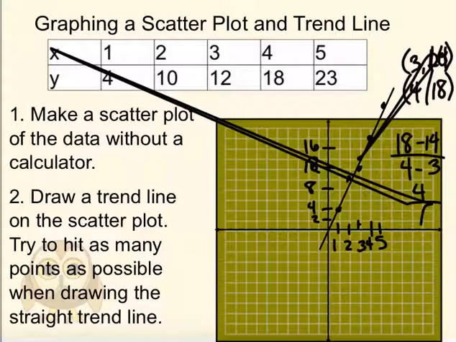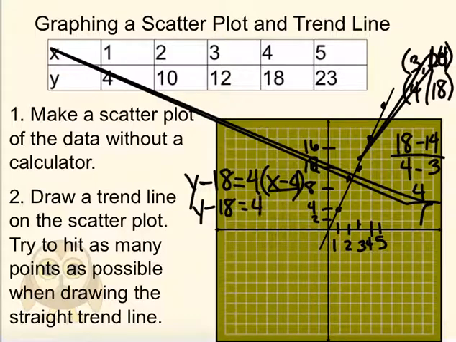Okay, now I need to put it into an equation, so I can use one of my points. So we'll say y minus y1, so let's say that's y minus 18 equals my m, 4, times x minus 4. So we get y minus 18 is equal to 4x minus 16. I add 18 to each side and see that we have y equals 4x plus 2.